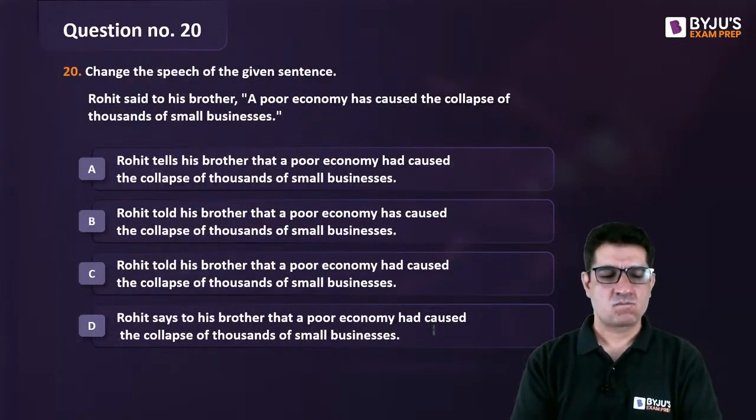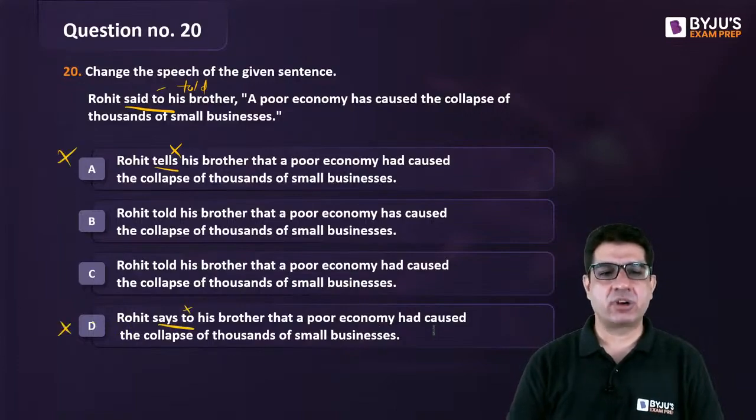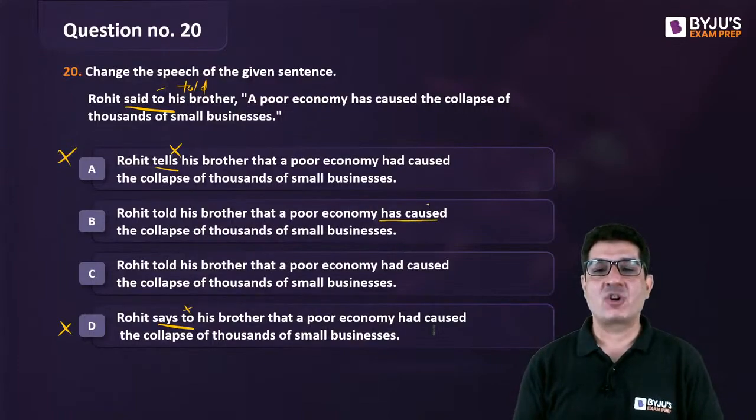Okay, so said to should be converted into told, but A has tells, D has says to, so A and D are ruled out. The difference between B and C is B says has caused, which is present perfect, whereas C says had caused, which is past perfect.